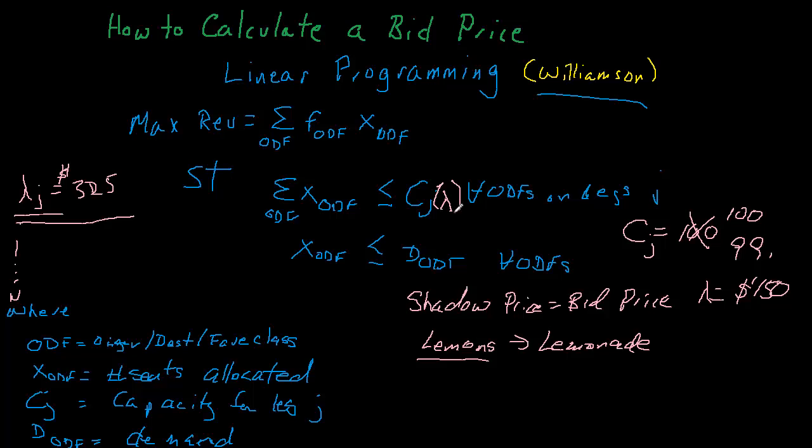Next, we're going to get into a more sophisticated model. We're going to look at changing this constraint from a deterministic demand constraint to a stochastic demand constraint. So in other words, we're going to put some nonlinearity into this demand forecast. It's going to be a probabilistic function instead of a static forecast.